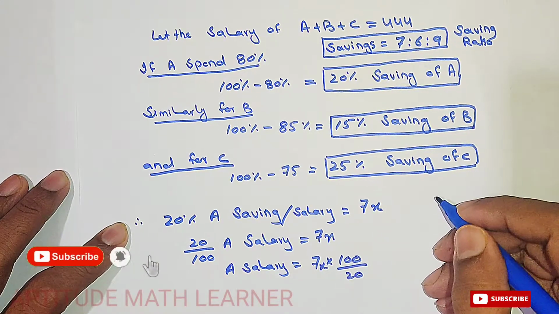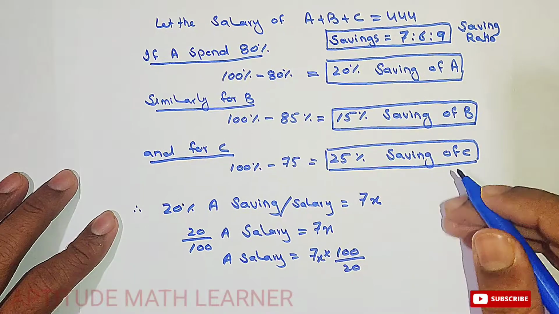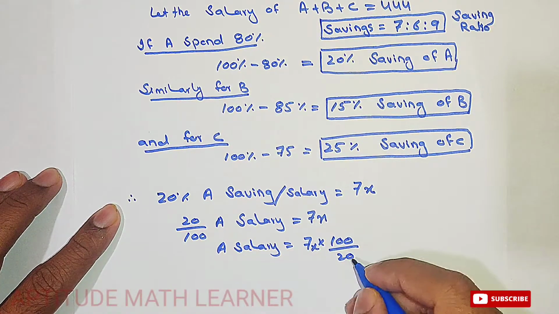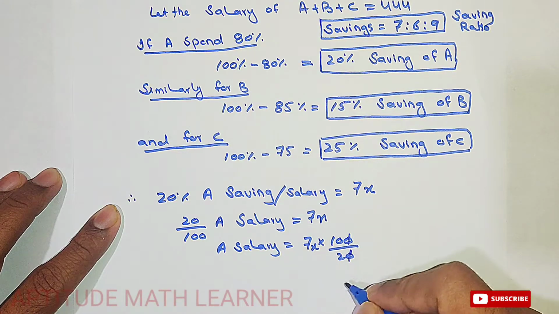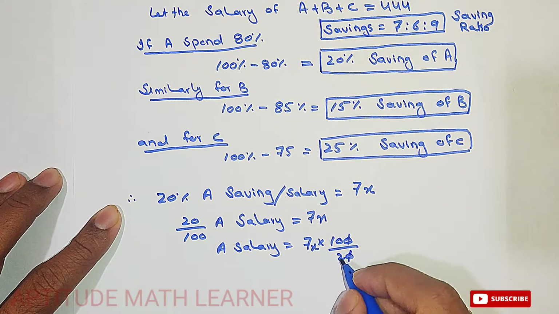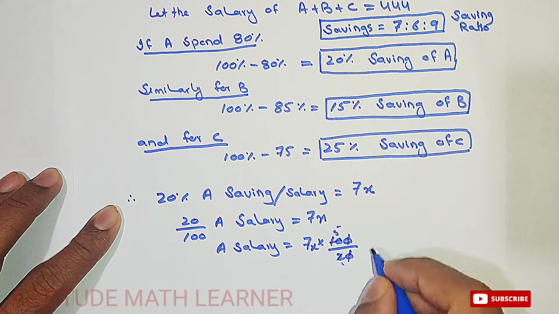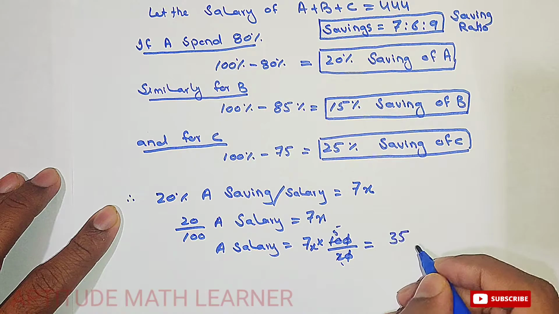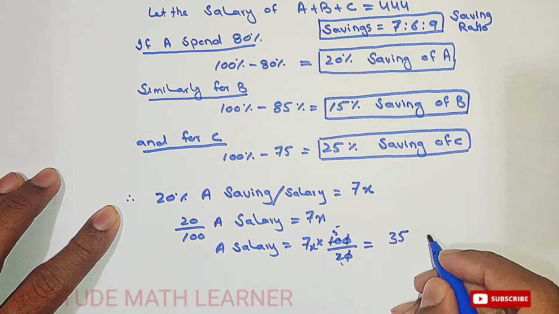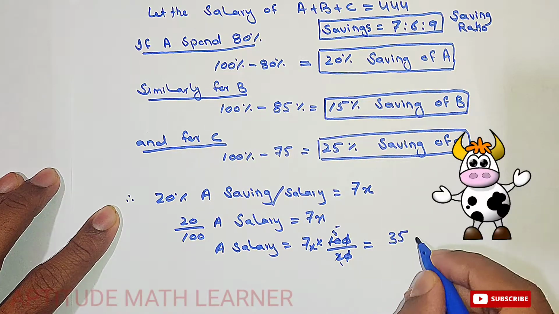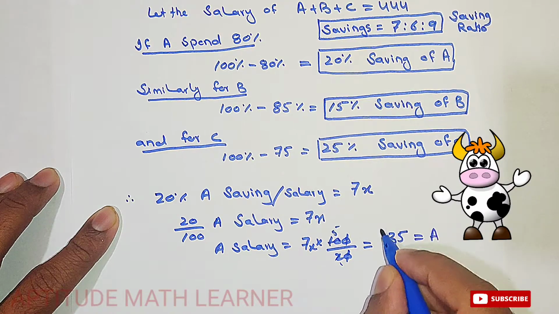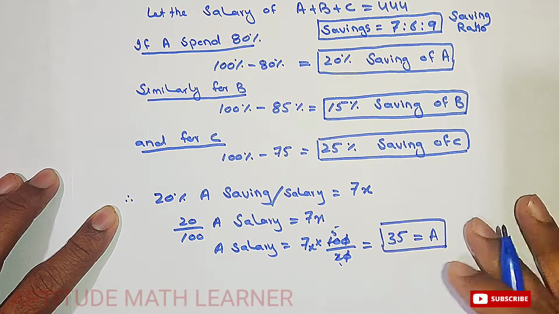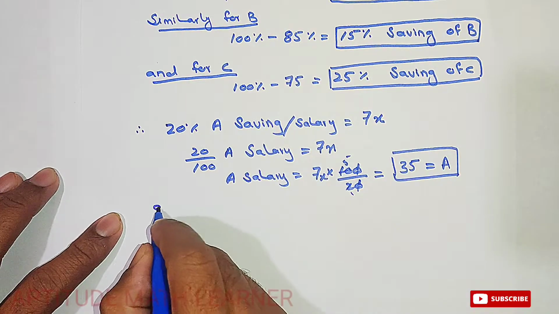Here we are just taking out the ratio of their salary from their savings. If we cancel it out, 2 fives are 10, and this becomes 35. This is A's salary ratio.